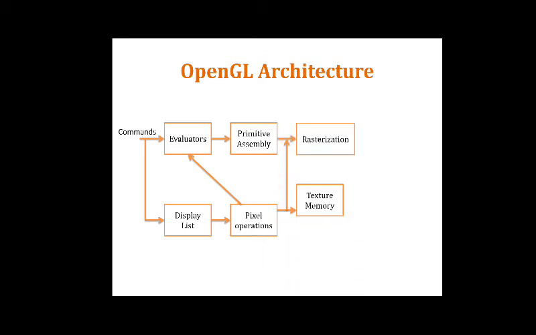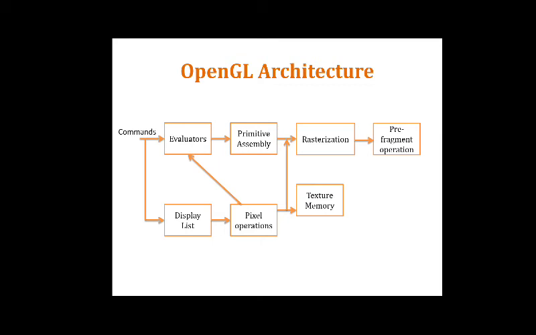You can see here you are giving this texture memory as input to the rasterization process, which results in fragments that merge into the frame buffer. Before going towards the frame buffer you are doing fragmentation with the help of rasterization and texture memory, and this is given as input to the next process.